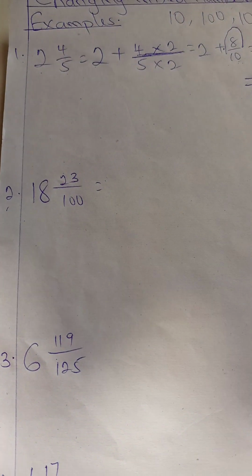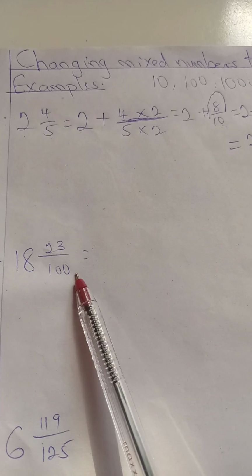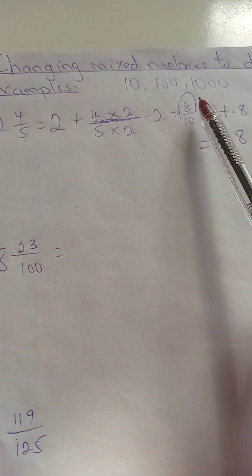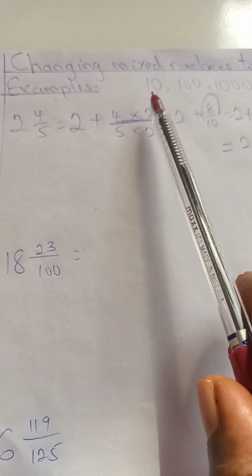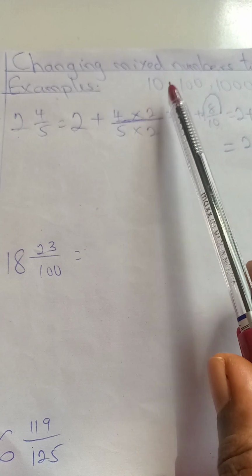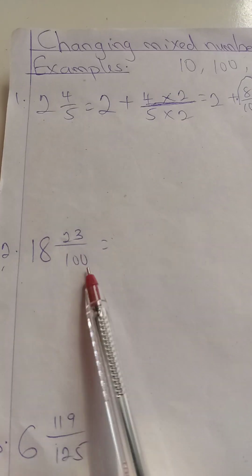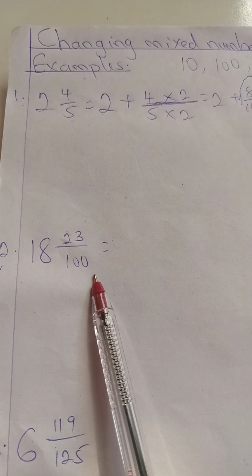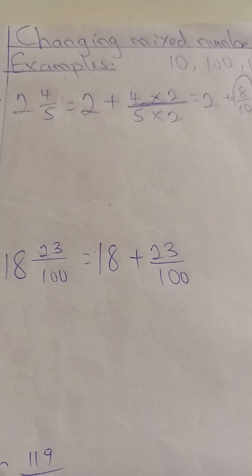Now, to the second question, I do not need to change the denominator here because it's already in 100. I told you if you want to change the denominator of a fraction, you change to either 10, 100 or 1000. And this is already in 100, so I do not need to change the denominator. What I will do is I'll split the whole number from the fraction first.